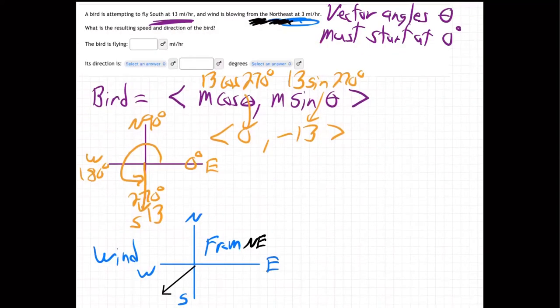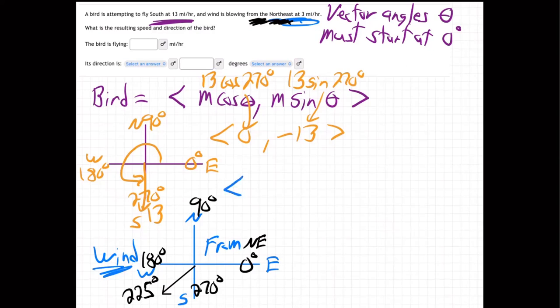So, okay, what angle is that? Well, you could look on the unit circle. Again, this is 0, 90, 180, 270. So it's right between 180 and 270. It's 225. You'd see it's 225 degrees. So therefore, the wind vector is going to be, and how fast is the wind blowing? Oh, 3 miles an hour.